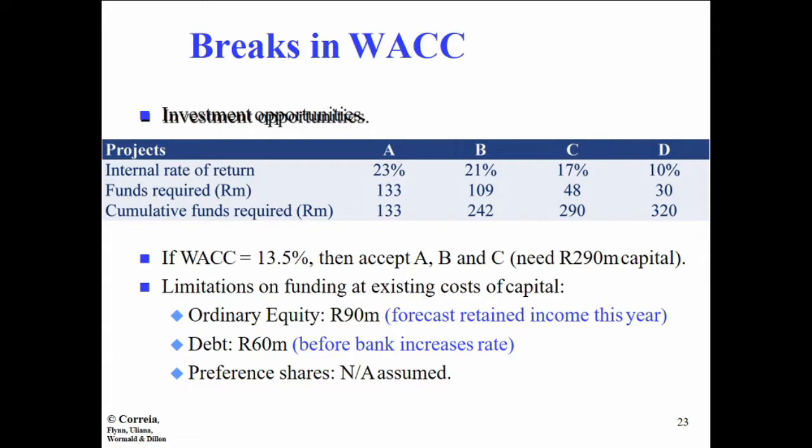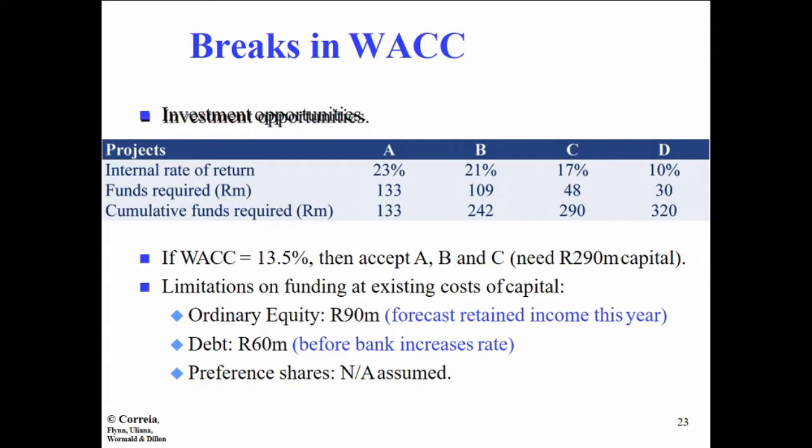At what point will a company need to issue new shares, which will result in a higher cost of equity? It actually depends on the retained earnings in the company and the weightings of equity in the company's capital structure. The question tells us that the company expects a total retained earnings that can be used to finance projects of 90 million.